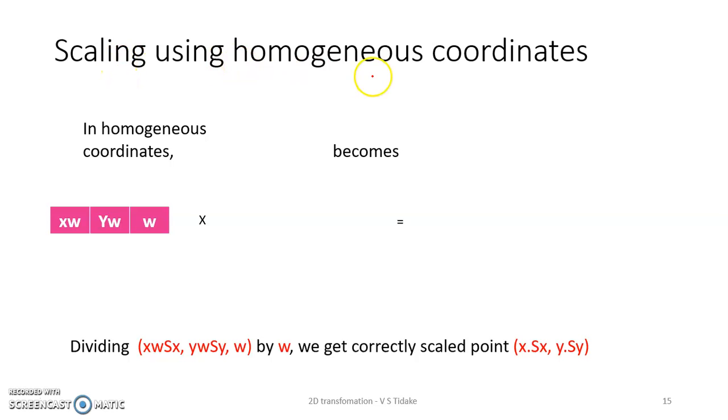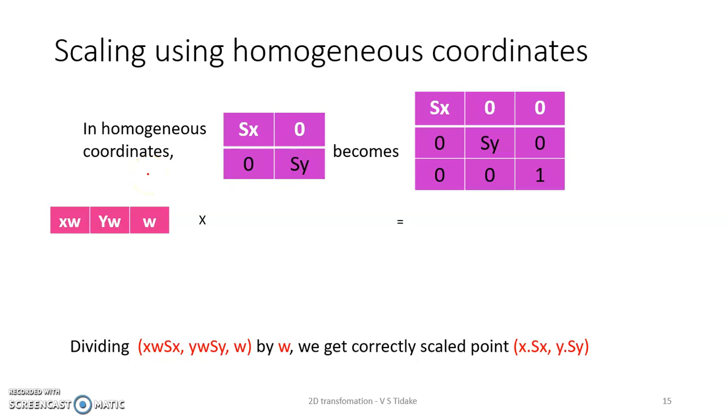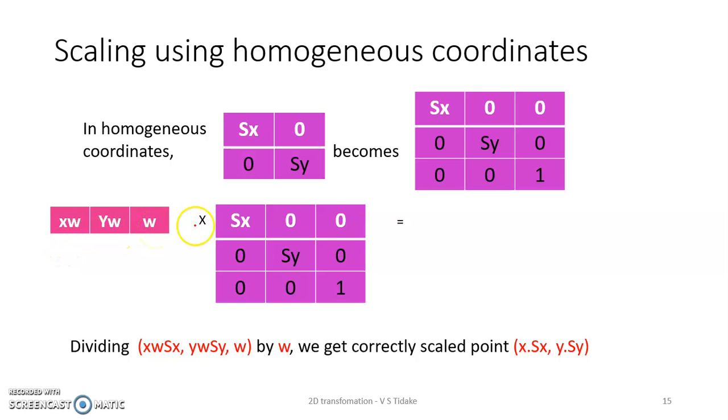So scaling using homogeneous coordinates will be represented as follows. Our 2D scaling matrix Sx 0, 0 Sy, in homogeneous coordinates becomes Sx 0 0, 0 Sy 0, 0 0 1. That is, our point xw, yw, w will be multiplied by this scaling matrix in homogeneous coordinates.